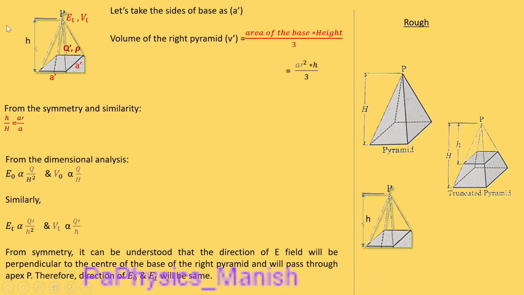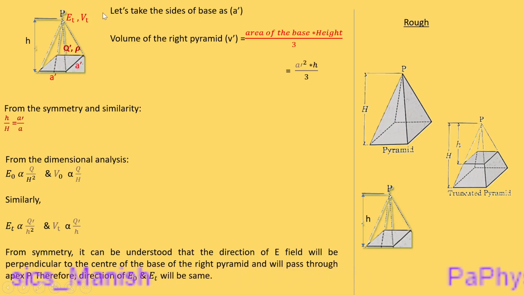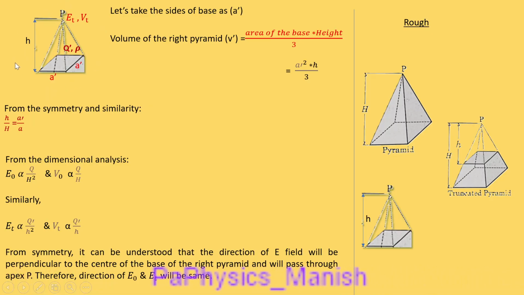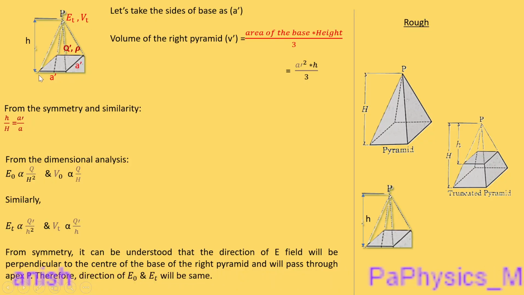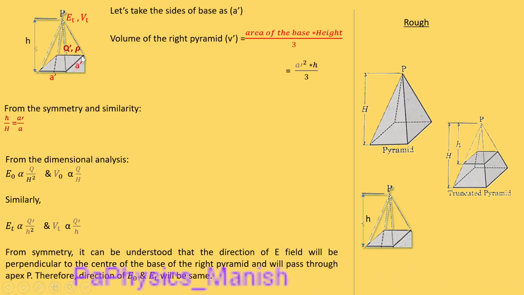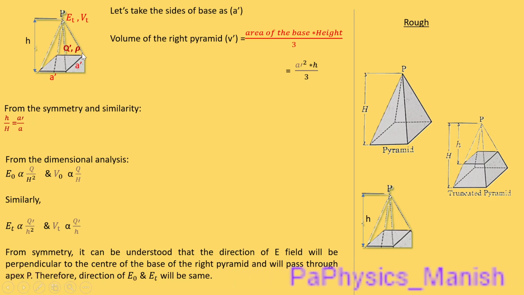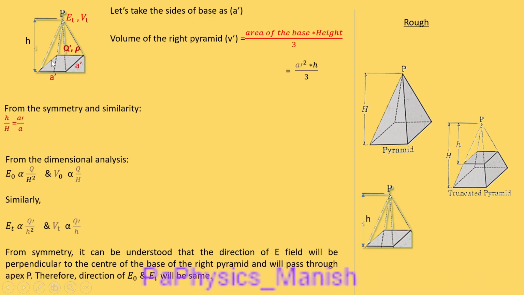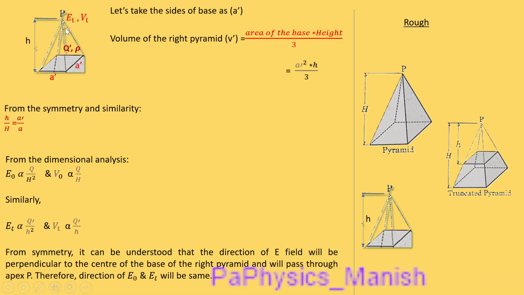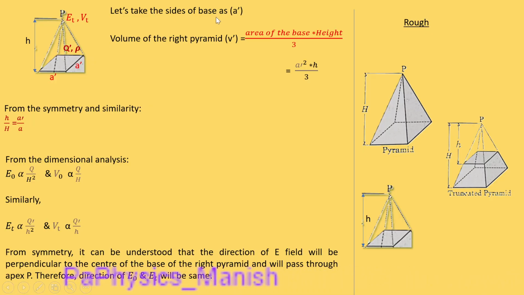Now the part which has been removed is this. Since this is a square right pyramid, if any portion of the pyramid is cut keeping the surface parallel to the base of it, the new pyramid base will also be a square. So this is the part which has been cut and removed.